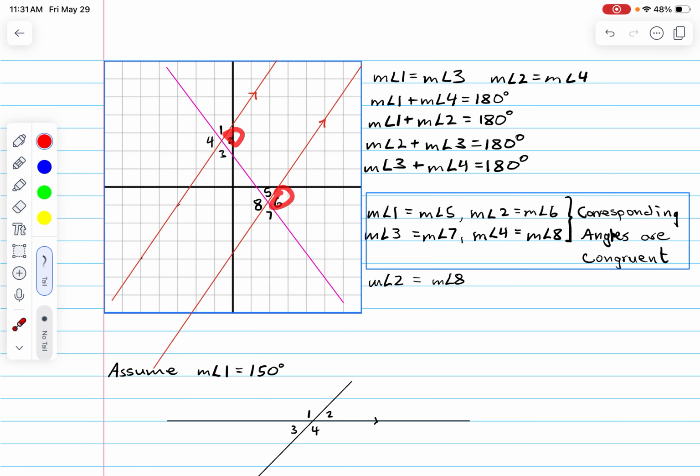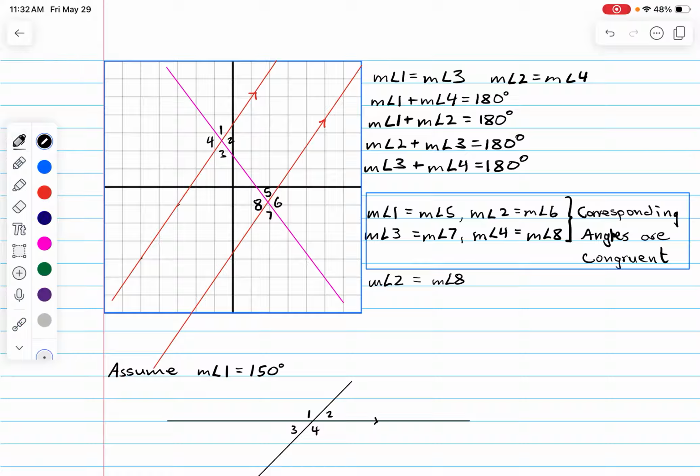So angle 2 and angle 6 are the same. Also remember that angle 6 and angle 8 are congruent because they're vertical angles. So if the measure of angle 2 is equal to the measure of angle 6, and the measure of angle 6 is equal to the measure of angle 8, then the measure of angle 2 must be equal to the measure of angle 8. Okay?